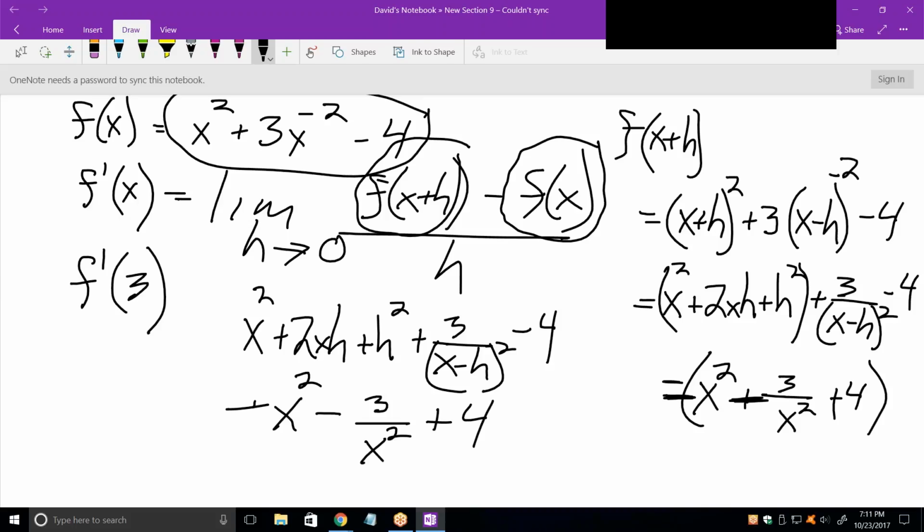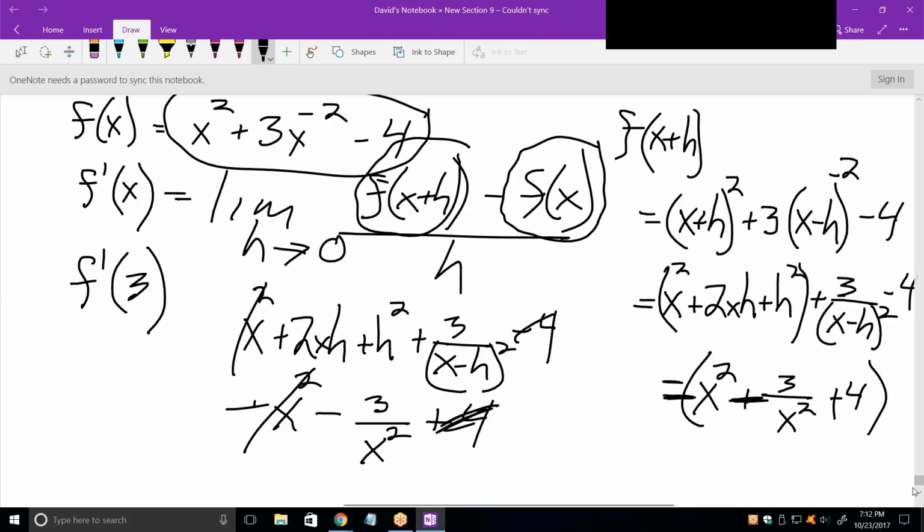Now, whenever you apply this limit definition, you will realize that every term in the numerator that does not have an h in it disappears. In other words, my x squared disappears because of that x squared. My 4 disappears with that 4.